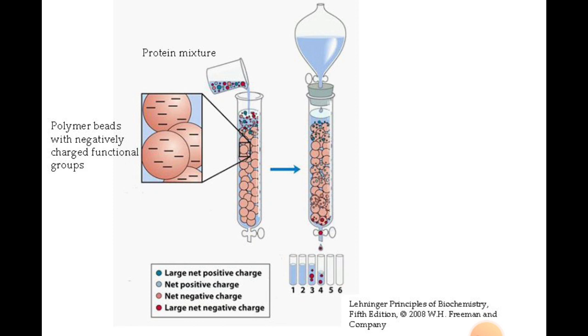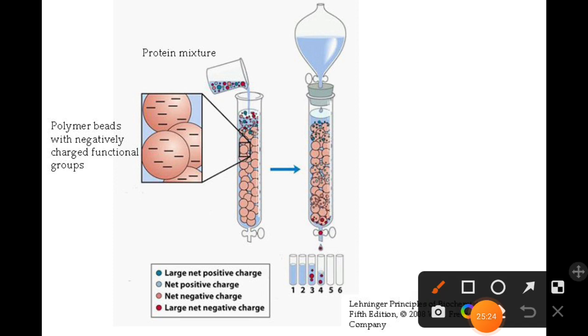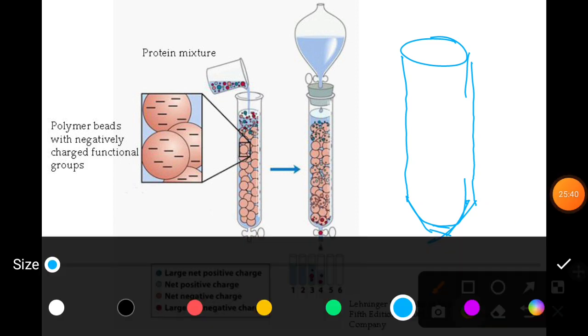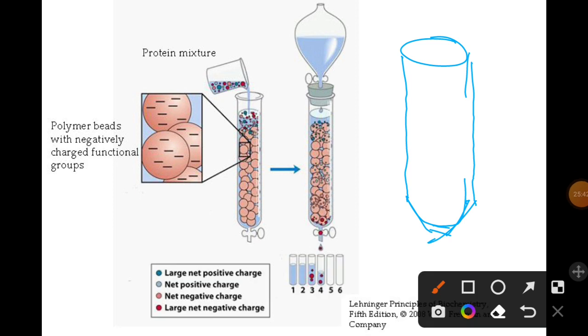Okay, so here the idea is we are taking a column and here we are using synthetic polymer beads. Okay, these synthetic polymer beads contain bound charge groups, in such a way.